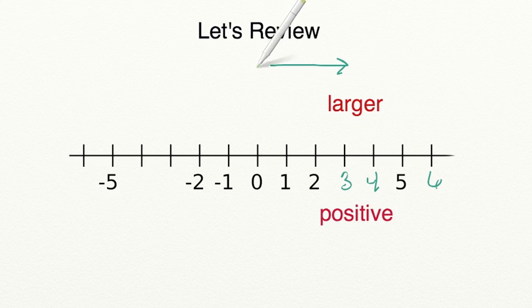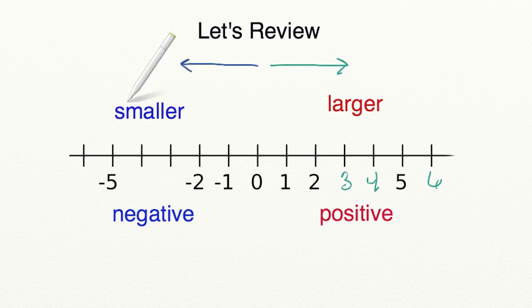Now, when you go to the left of 0 in a number line, you're going to have the opposite effect. The numbers are going to be getting smaller, and they're negative numbers. For example, we have our 0, and as we move to the left, we have -1, -2, -3, -4, -5, -6, and so on.